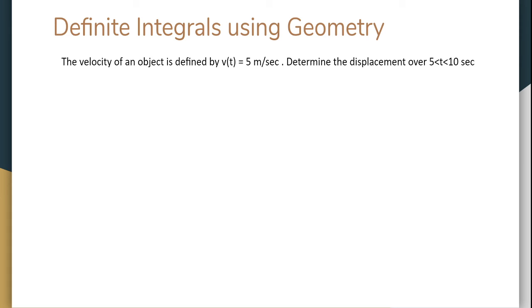And it wouldn't matter to you what you defined as the origin in this case, because all you're worried about is between 5 and 10, how far it traveled. And that amount is just going to be that velocity times the 5 seconds.